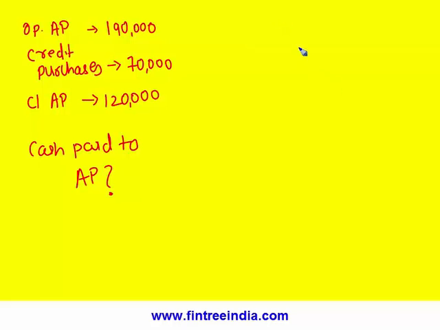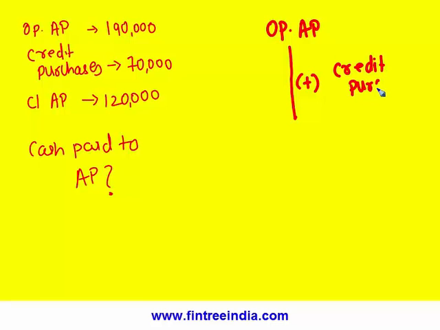So how is this flowchart built? Opening accounts payable, which will increase by the amount of credit purchase. So somewhere in the middle of the year we will have a total amount of X. There are two things that can happen.